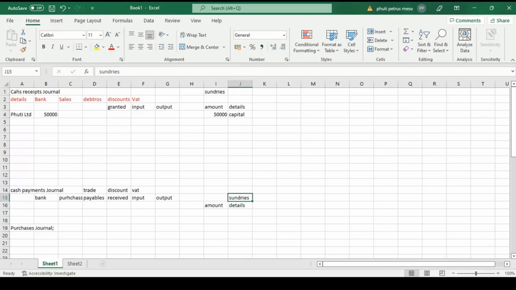But anyway, we are paying the City of Johannesburg for the water and lights. We are paying the City of Joburg for the water and lights, and then we can simply come here and say the details, City of Joburg. Or you can just say the water and lights.